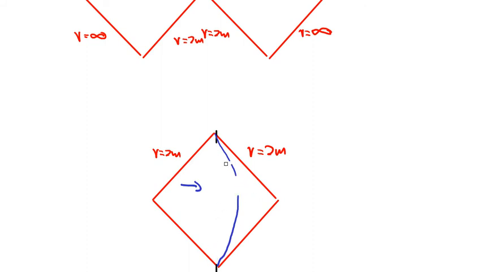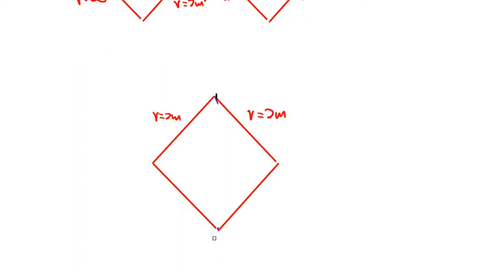I'd like to do this with the thin pen. This is equals 0. This is no longer needed, right?